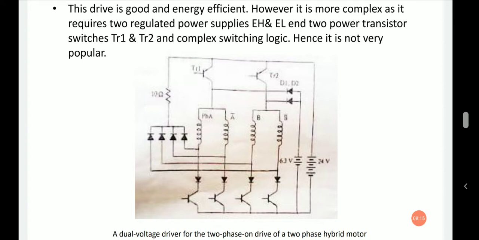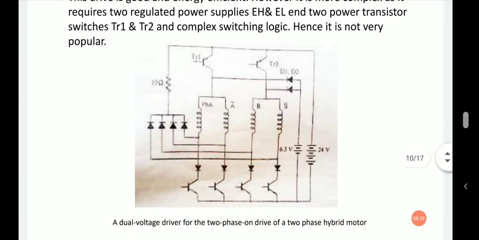When the dual voltage method is employed for two-phase on drive of a two-phase hybrid motor, the circuit scheme will be such as shown in the figure. So you can see on the screen here it is given.